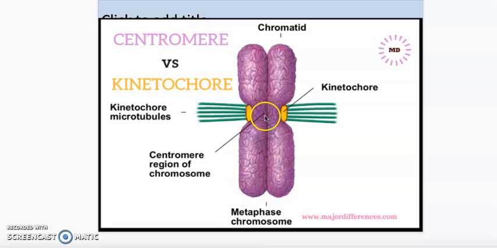It has the two replicated sister what? These are called sister chromatids, okay? Or you can call them chromatids. Okay, they are exact copies of each other. So if you think back to when we talked about DNA replication, this is the end product. This is what a replicated chromosome looks like.